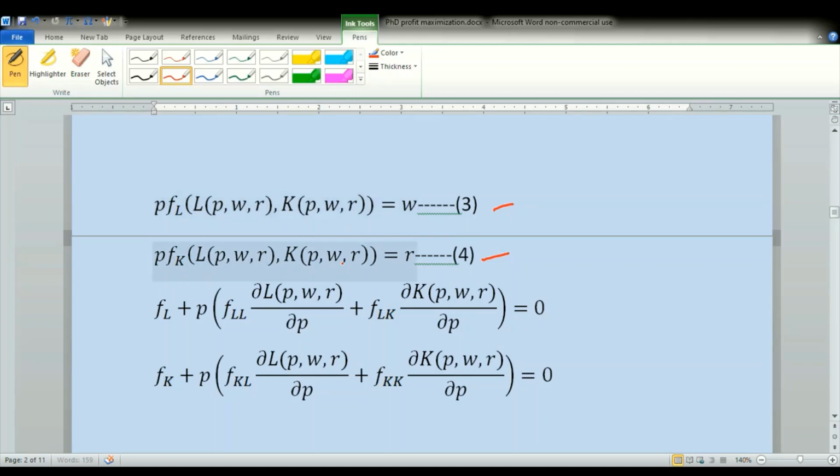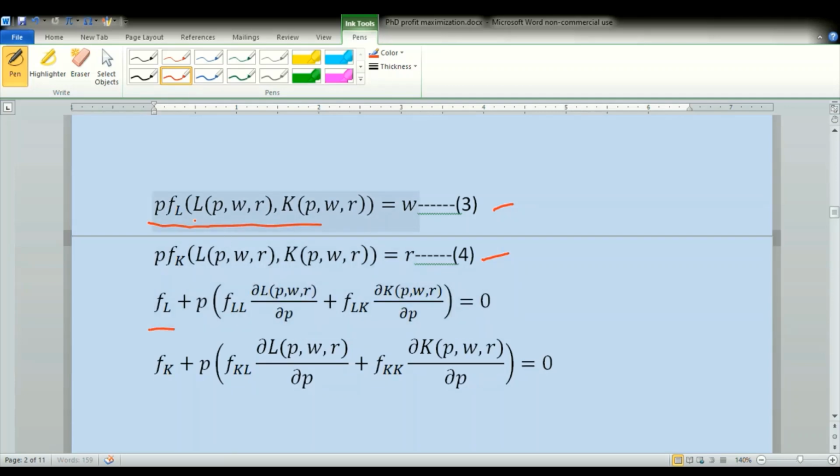Now what I have done here is that I have taken the derivative of equation 3 with respect to p, and the derivative of equation 4 with respect to p. So see that when I take the derivative of equation 3 with respect to p, first this thing has been written as it is. I have ignored writing down the terms in the parentheses, but remember that this is like FL and then all the things in the brackets.